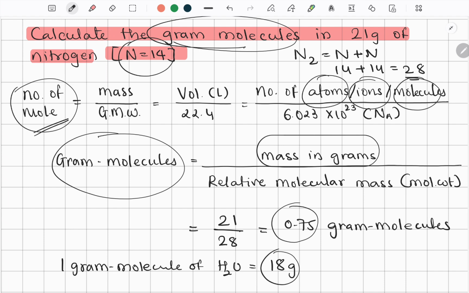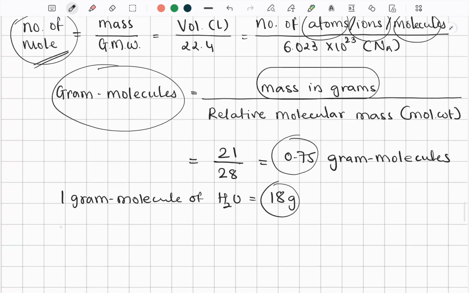Now if we take an example like water, we can say 1 gram molecule of H2O is equal to 18 gram. Whereas we can say 1 mole of H2O is equal to 18 gram and 6.023 into 10 raised to 23 molecules.